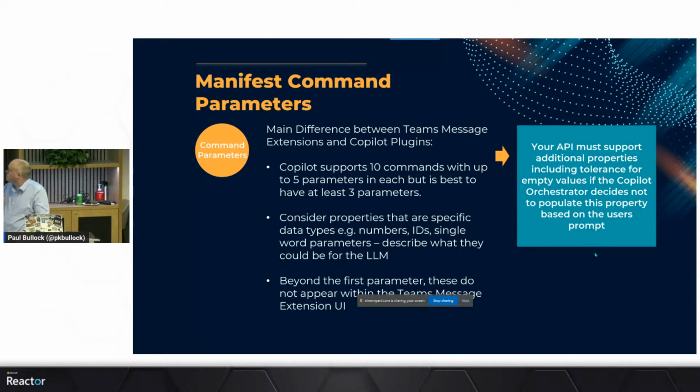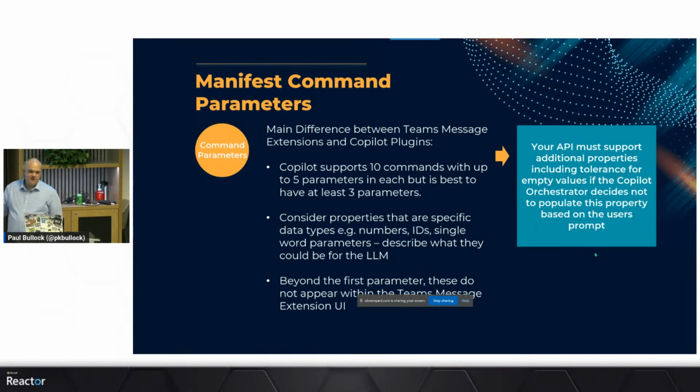What you must consider, though, is if you're adding all these command parameters, you've got 3 to 5. If you've already written a Teams message extension, your API may not support that, so you potentially need to expand your API. When I mentioned architectural changes in the back end, you need to be able to support between 3 and 5 additional parameters.